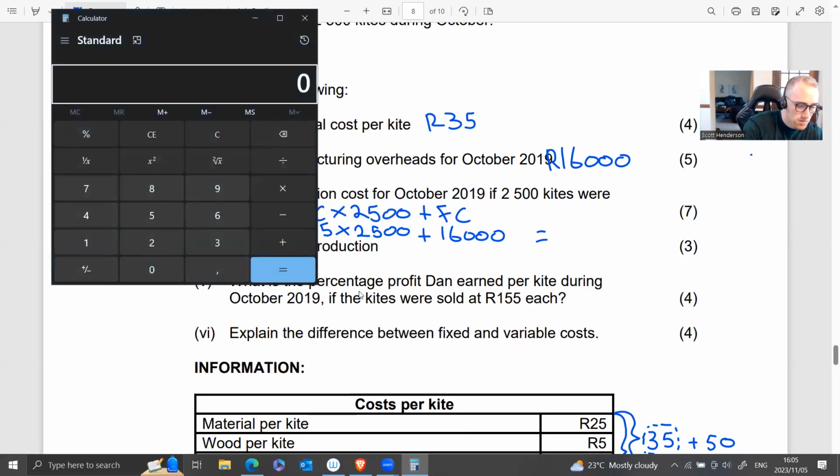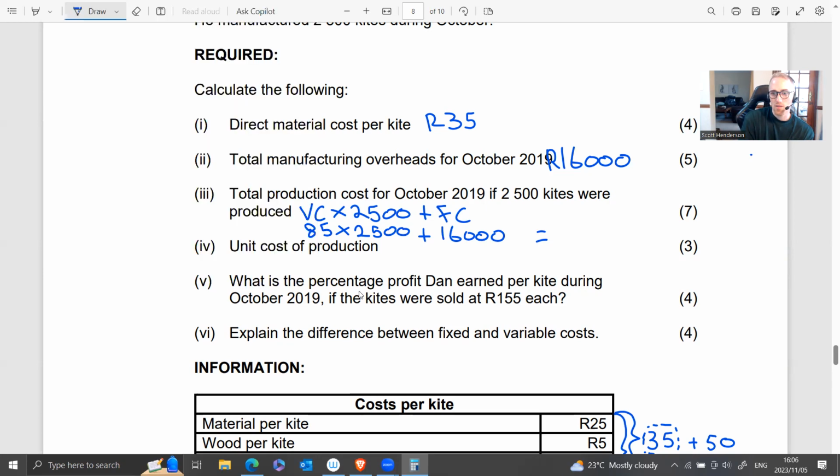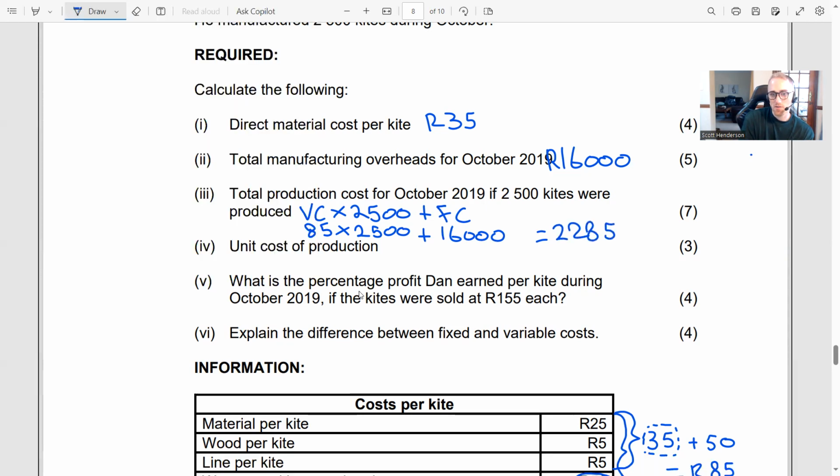So we're doing, what was it? 85 multiplied by 2,500 plus 16,000, and that will give us 228,500. 228,500. That is the total production cost for the month.